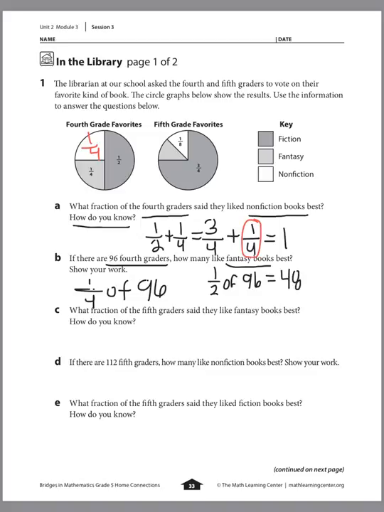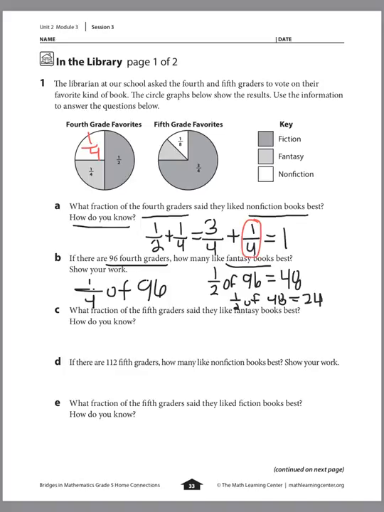And I know a quarter is half of a half. And so what's half of 48? That is 24. And so then I can show my work by saying, well, I know half of 48 equals 24. And so I just found a quarter of 96, which is 24.